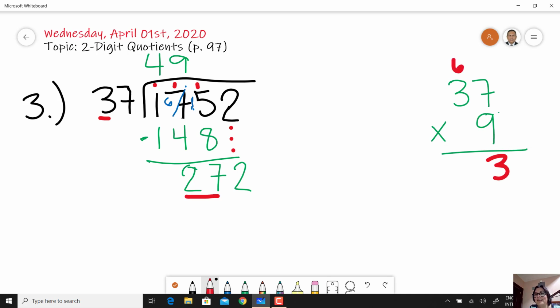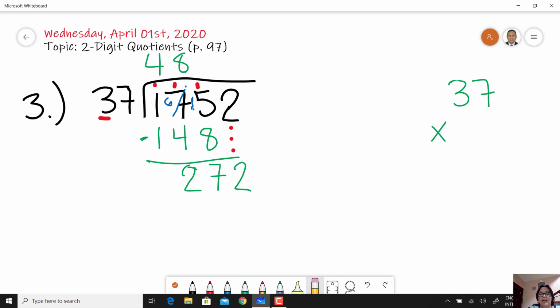So 9 times 3, 27 plus 6, 33. Look, 333 is bigger than 272. So we cannot use number 9. But we have already an idea that it has to be a number less than 9. So let's try with 8.